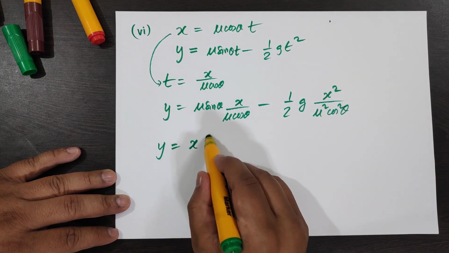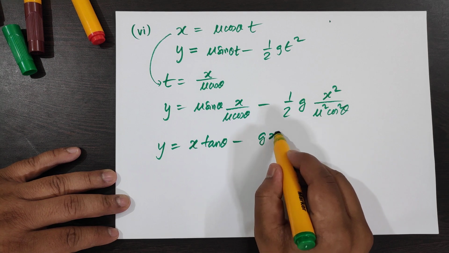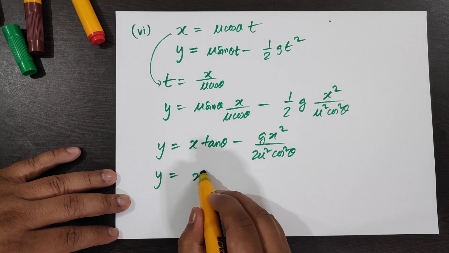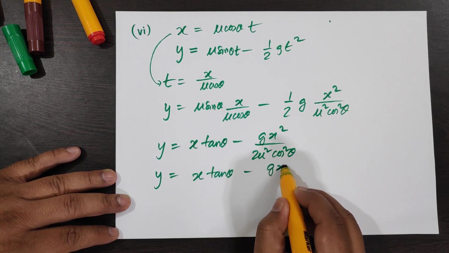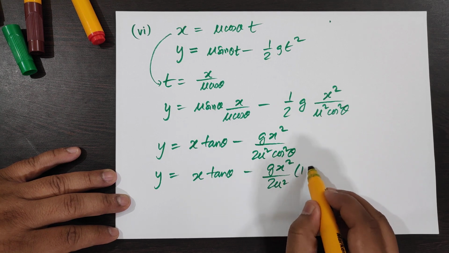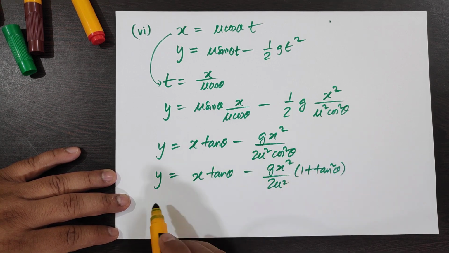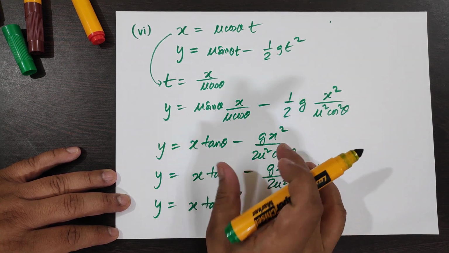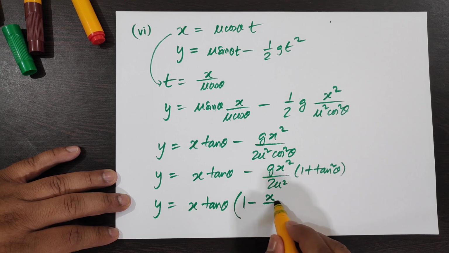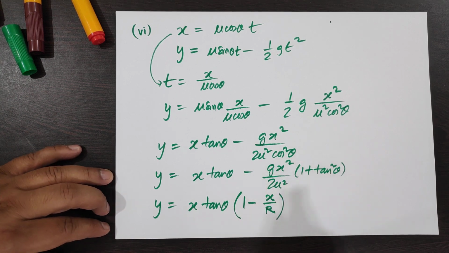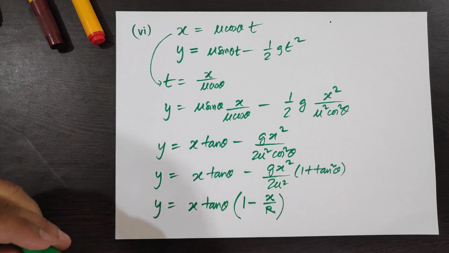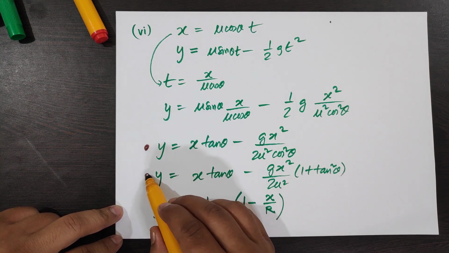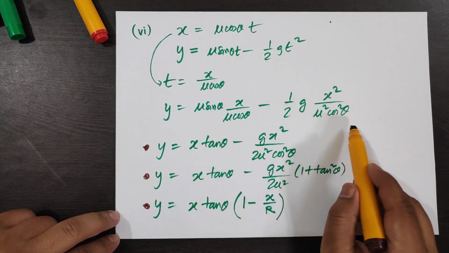So y equals x tan theta minus gx square by 2 u square cos square theta, or you can write it like this: x tan theta minus gx square by 2 u square times 1 plus tan square theta. Or there is one more way of writing: x tan theta, and if you take this common and check after substitution, you get x tan theta times 1 minus x by r. So these are the ways in which you express the equation of path of the projectile.